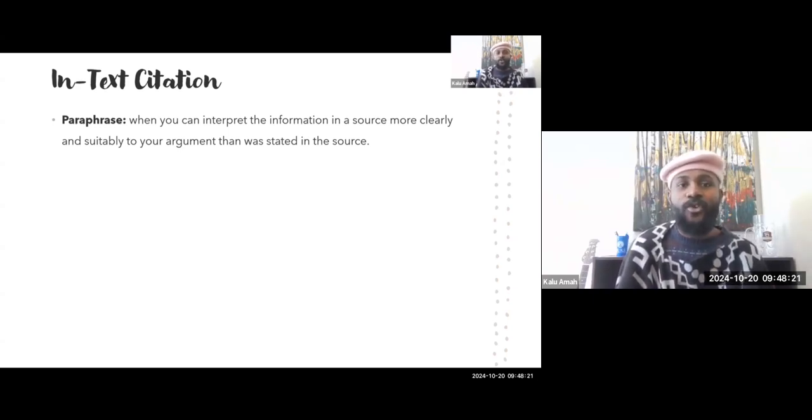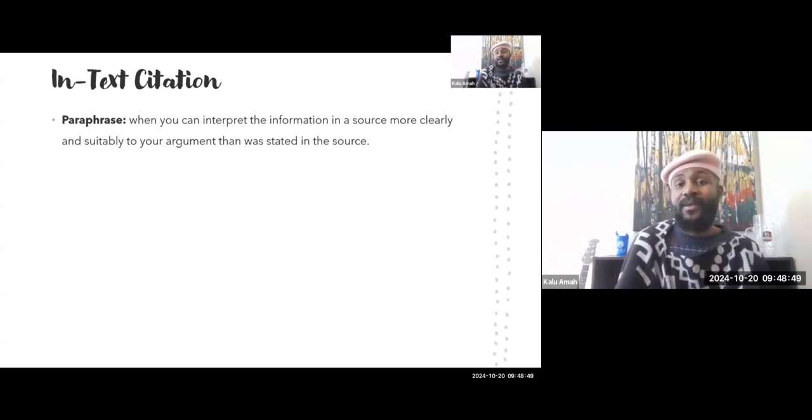You don't quote every time, but I will tell you when to quote, despite the urge to paraphrase, when to go ahead and do away with that urge and do a direct quotation. There are situations where you need to quote word for word. We'll get to that.